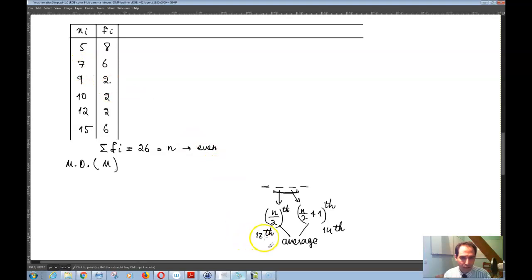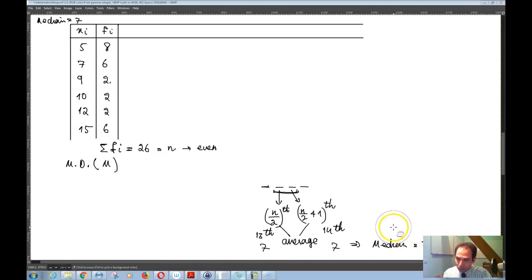So your 13th observation is a 7, and your 14th observation is the last number here, which is also a 7. The average of two 7s is just a 7, so your median is equal to 7.